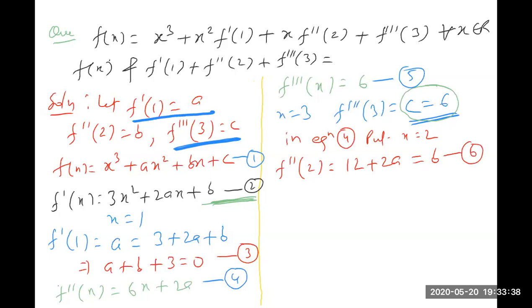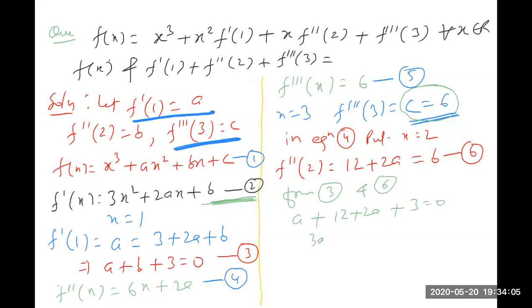Now you put these values in equation number 3. From equation number 3 and 6. What is equation number 3? a plus b, b is how much? 12 plus 2a, plus 3 is equal to 0.